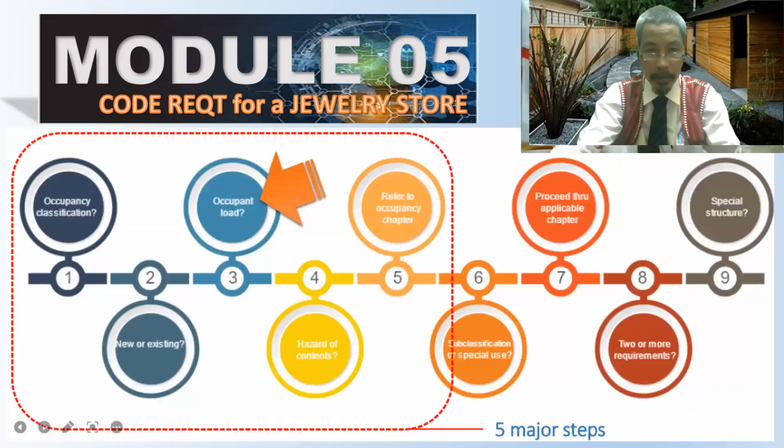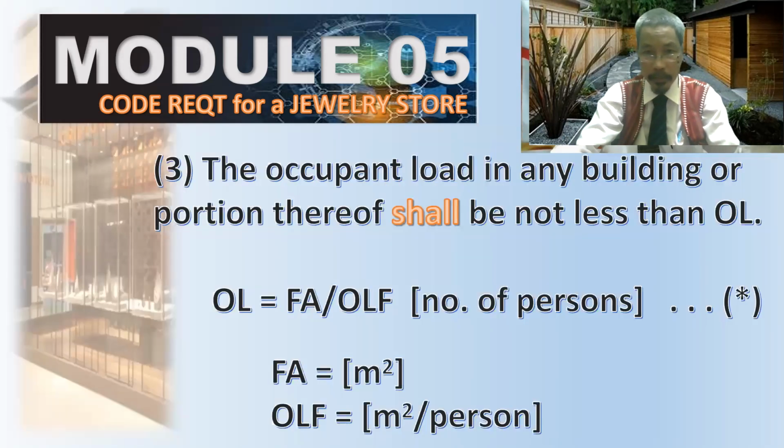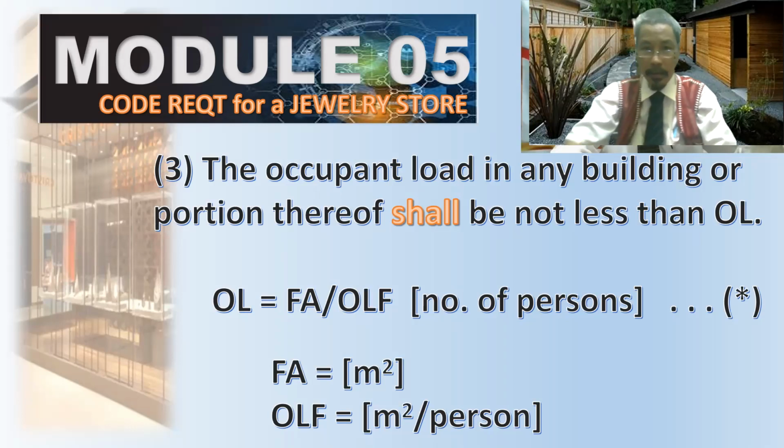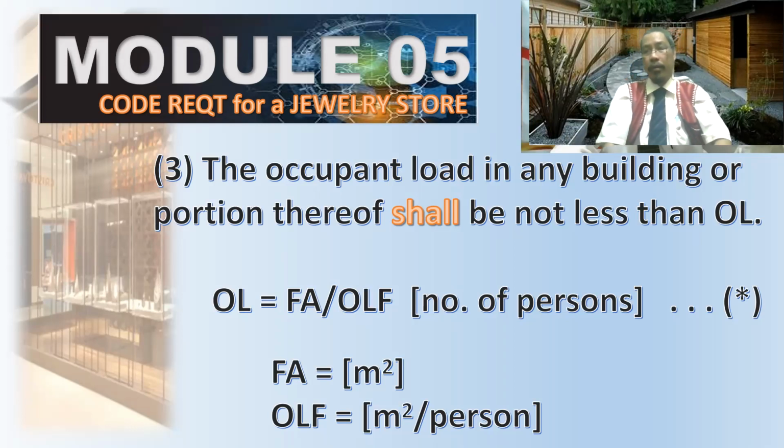So next step, number 3, occupant load. How to compute the occupant load? So let us find out. This is important. The occupant load in any building or portion thereof shall be not less than OL.